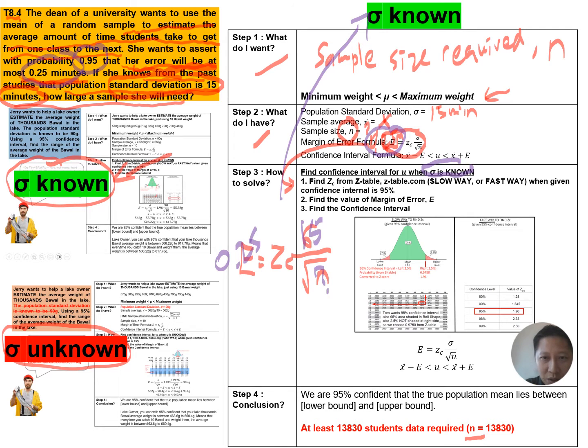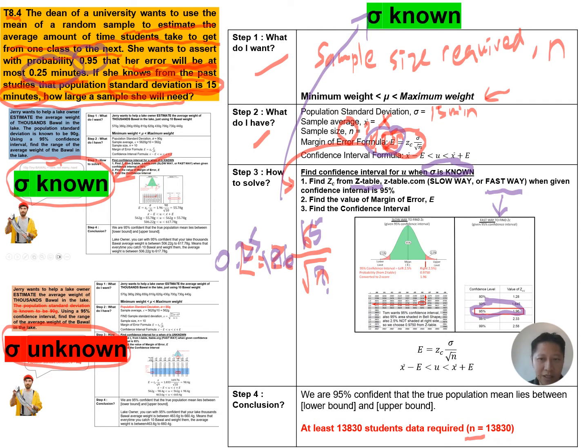When it is known, we use the Z table. For 95%, we use the fast way, which equals this number, 1.96. It seems that we have everything except for N.